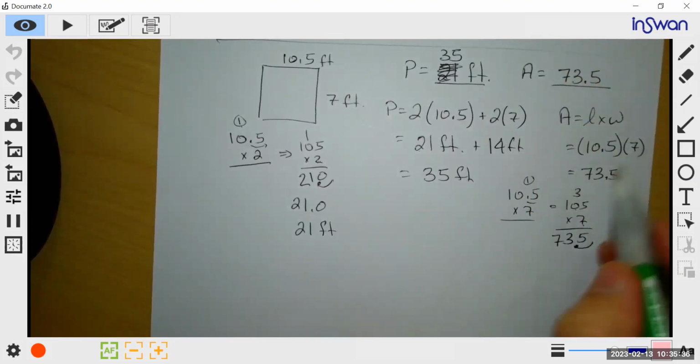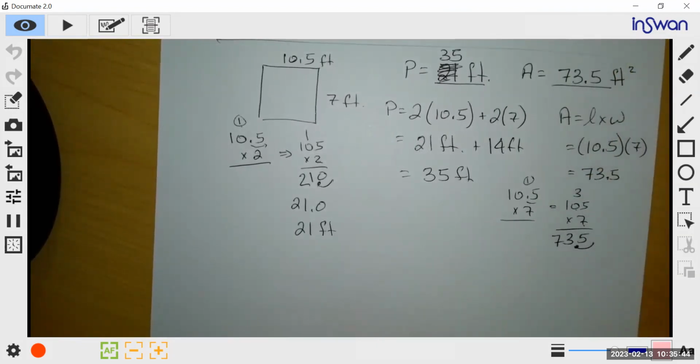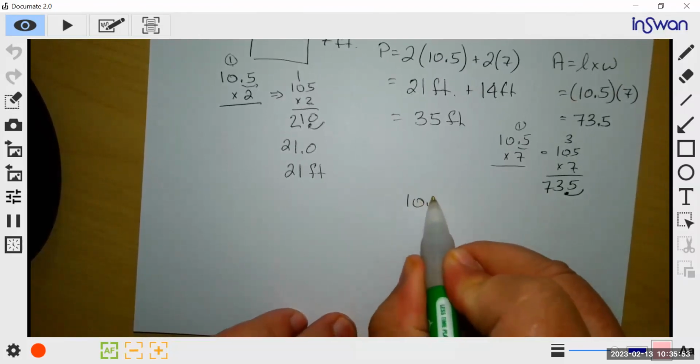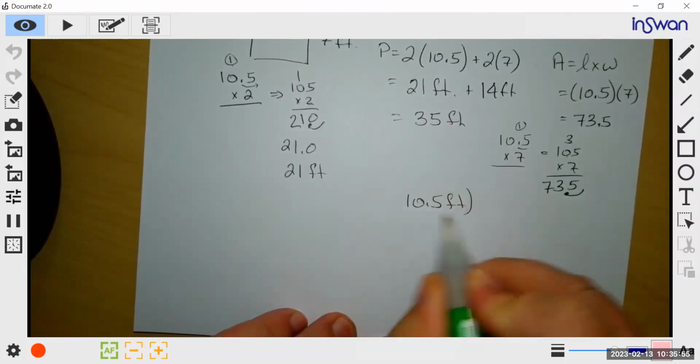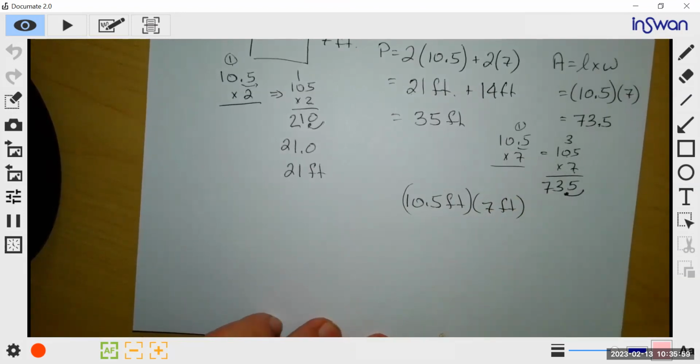But, okay, that's the easy part. What's the unit we're dealing with here? Y feet squared. It's not volume, it's area. It's area. Because what we have here is 10.5 feet times 7 feet.